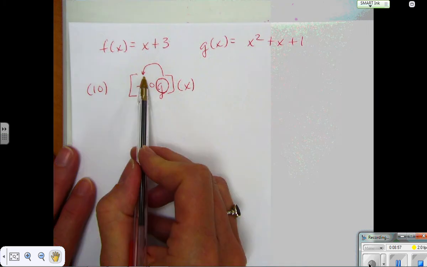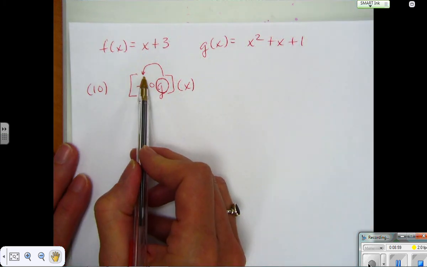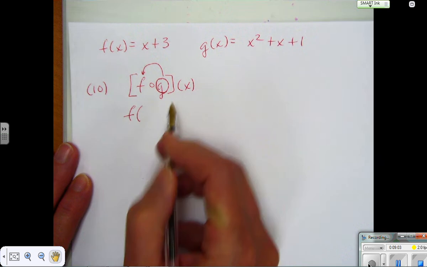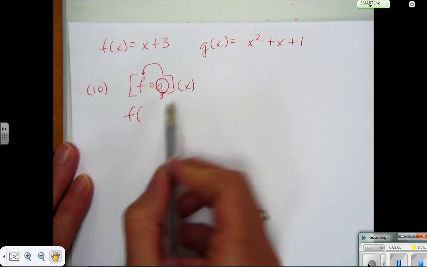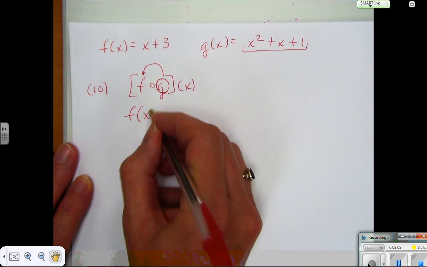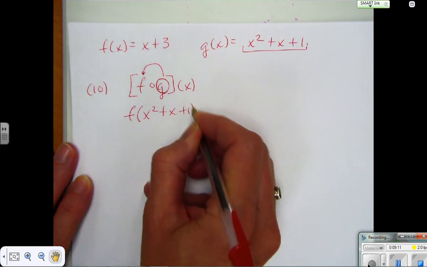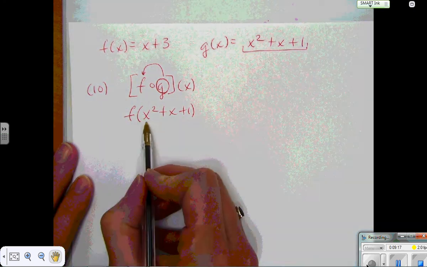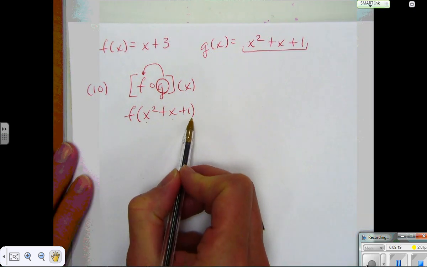So I could write it like this. I want to find f of, and instead of writing g right here, I'm going to write down what g is, x squared plus x plus 1. So I'm going to replace every x value in my f function with this x squared plus x plus 1. So you can see that there's one x value.